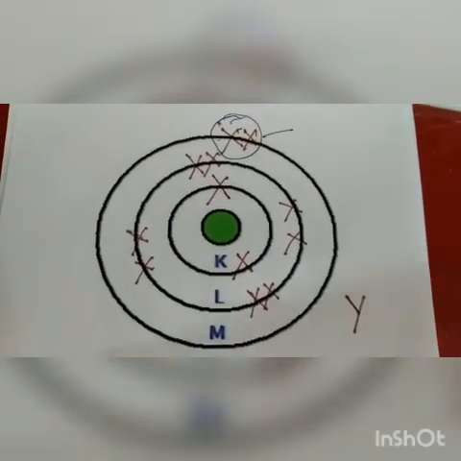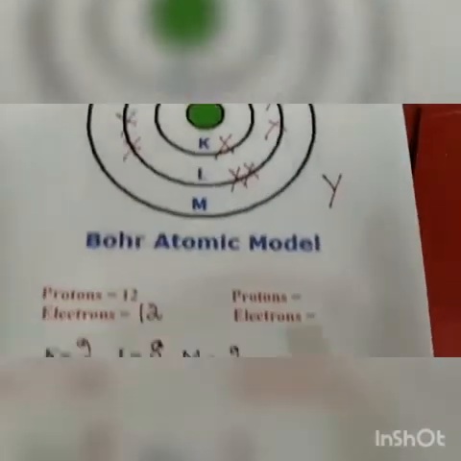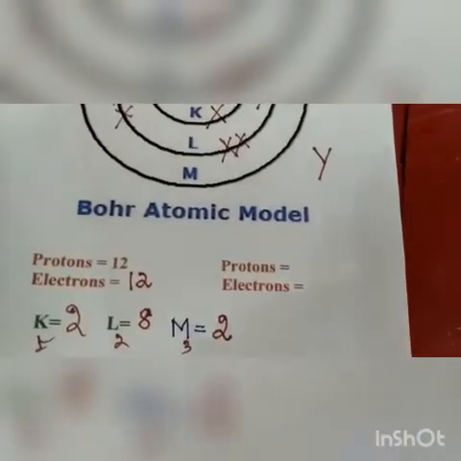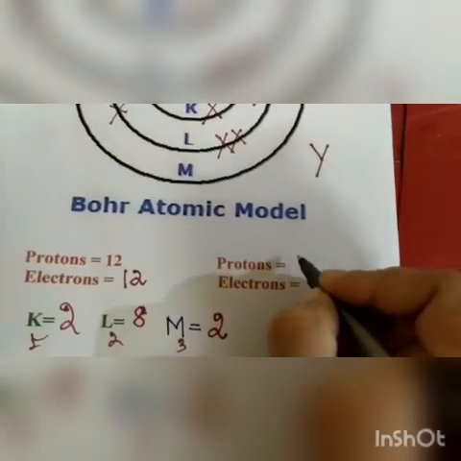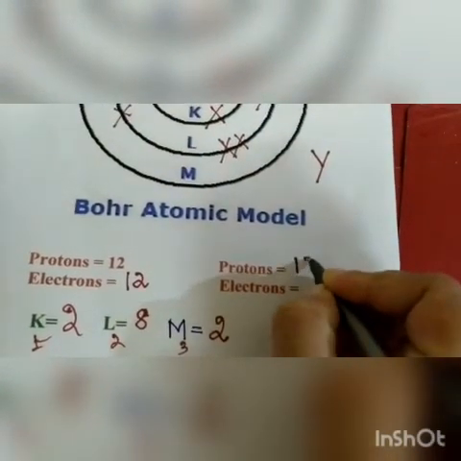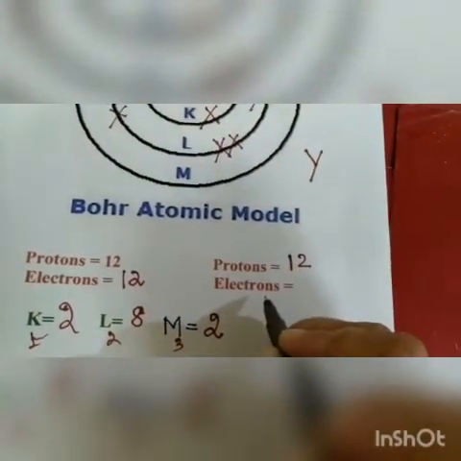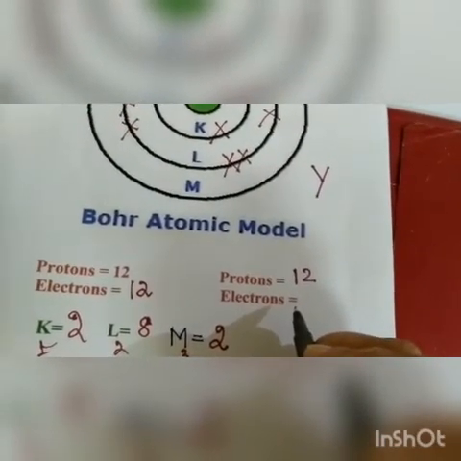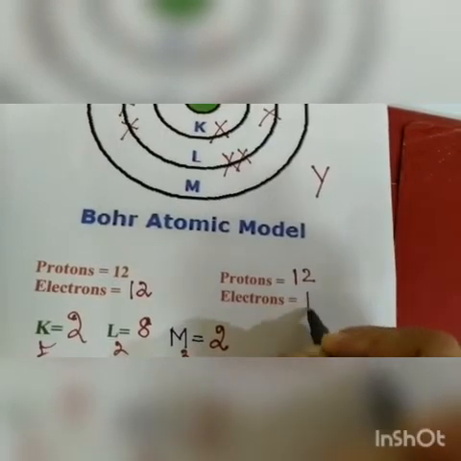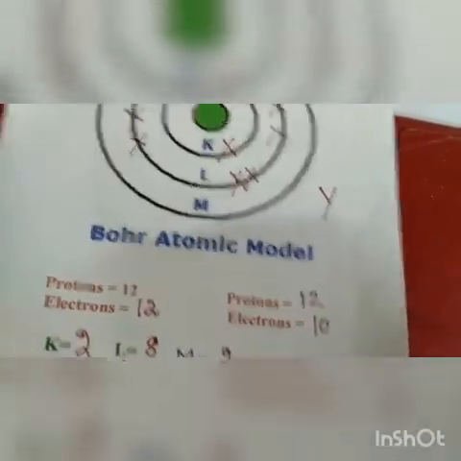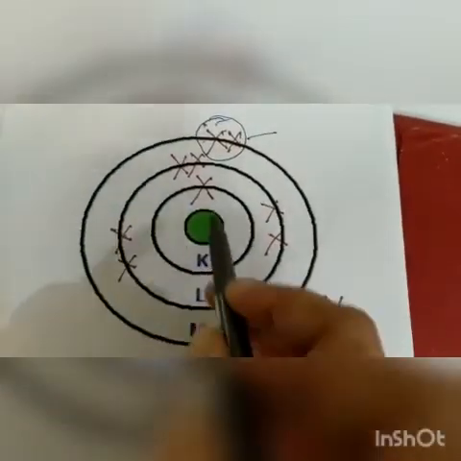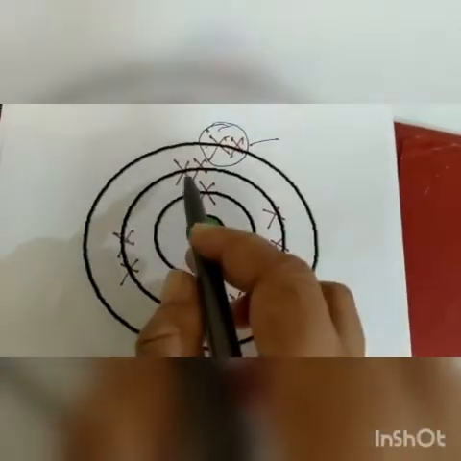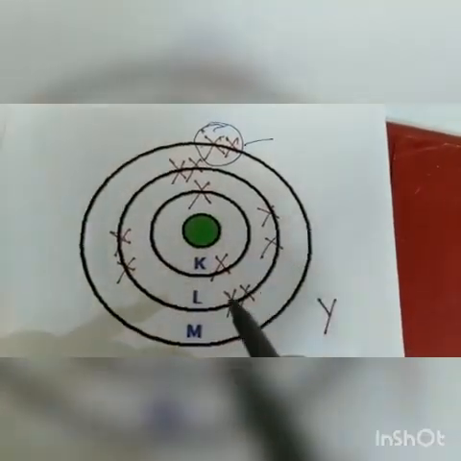Now what will happen in this case when 2 electrons are lost? See here, protons. How many protons are there? Protons are 12. Electrons, now since 2 electrons are lost, it has 2 less negative charge, so electrons will be 10. You can count if you want: 1, 2, 3, 4, 5, 6, 7, 8, 9, 10.